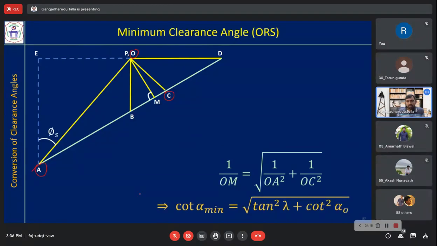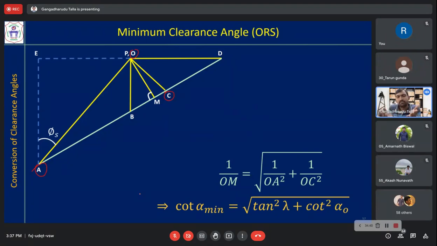Finally, cot alpha minimum is equal to square root of tan square alpha plus cot square alpha o. That is the relation between alpha minimum and the ORS system.